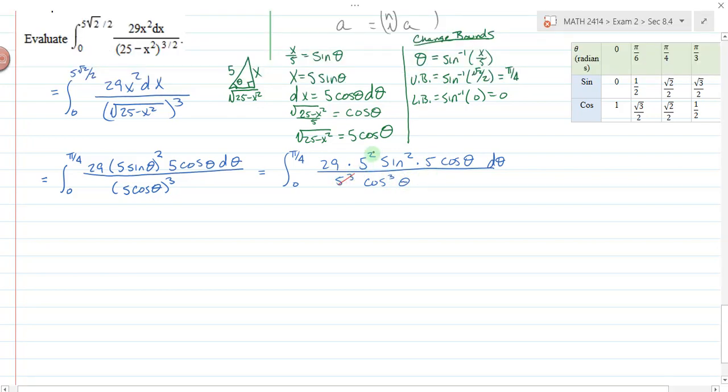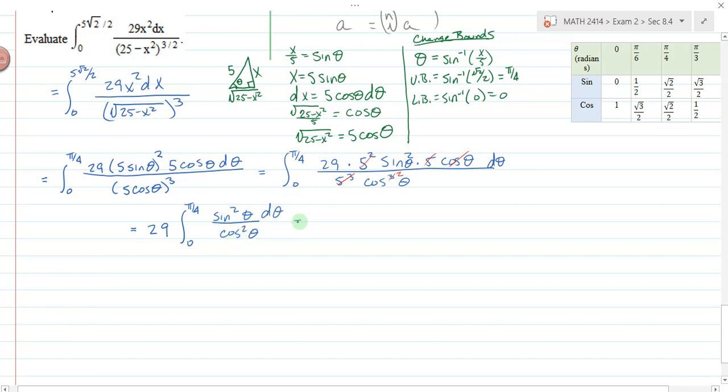So this 5 cubed cancels with that 5 squared and that 5. And this cosine cancels with one of those cosines, leaving us a cosine squared. So I'm going to go ahead and pull the 29 out now. And that's going to be the integral from 0 to pi over 4 of sine squared theta d theta over cosine squared theta.